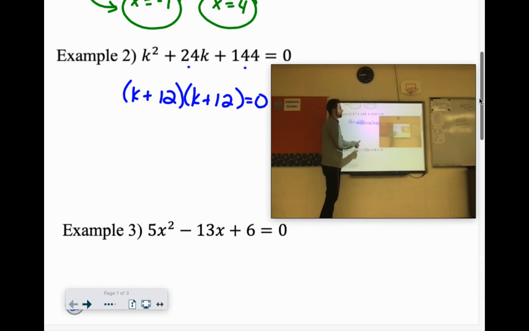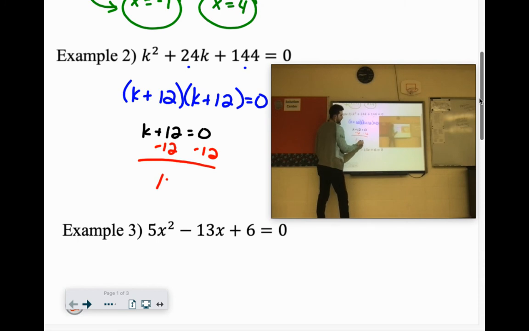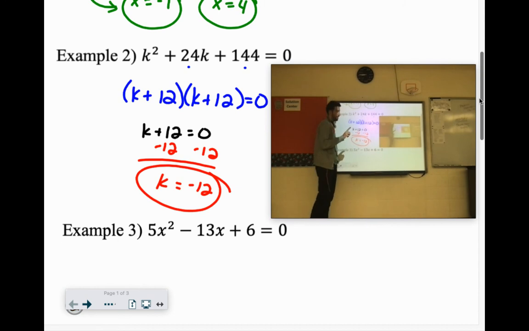But in this case, it's not going to make a difference. Now, you can set up the equations k plus 12 equals 0 and k plus 12 equals 0. It's the same equation, so we're going to end up with the same answer. So we can just set it up once. K plus 12 equals 0. We'll subtract our 12. And k equals negative 12. So we only ended up with one answer on that one.